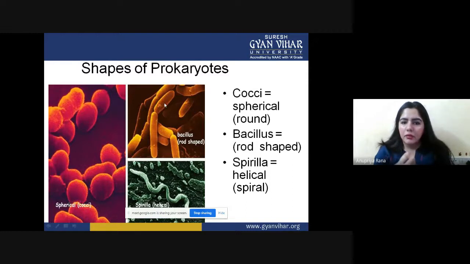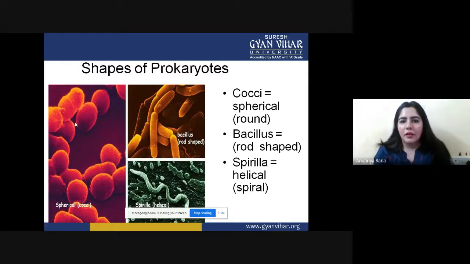They are thin, elongated, rod-shaped bacteria, bacillus. And also you can see the spiral, like the spiral binding you see on notebooks. The same helical spiral structure can be seen. Cocci is basically the round and oval shape.